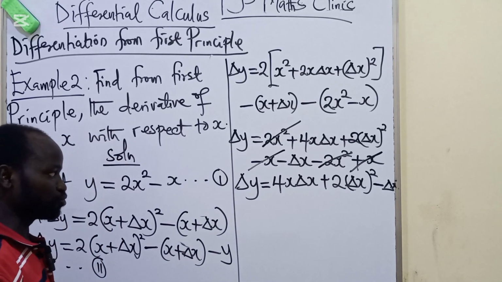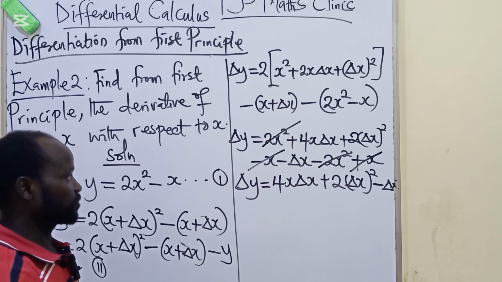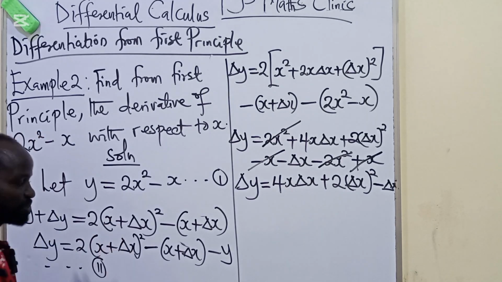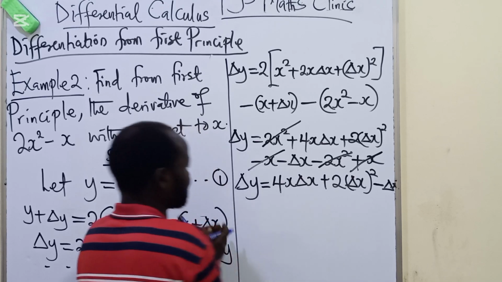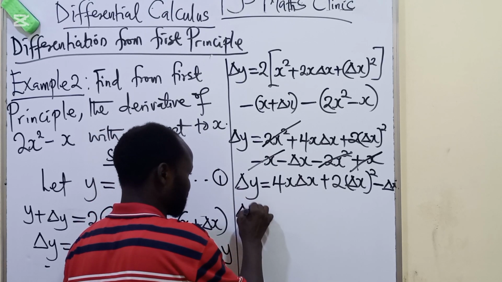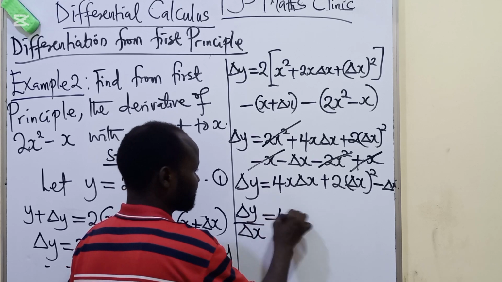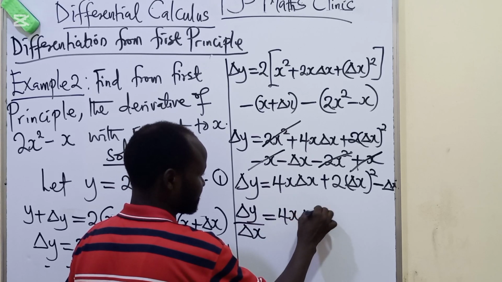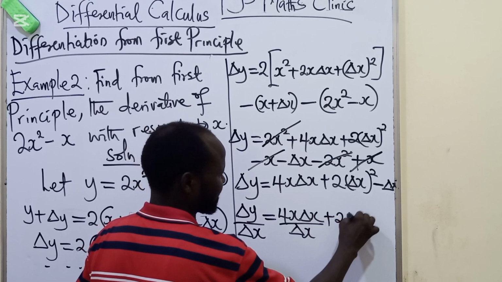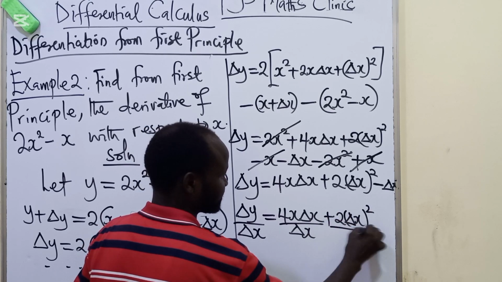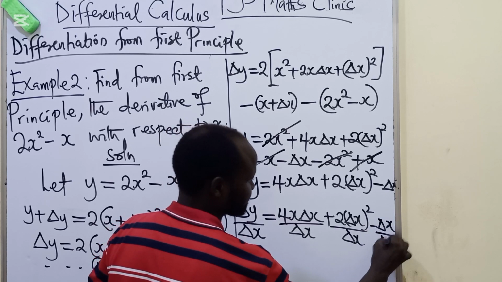The next thing for us to do, let's divide through by delta x, because we are trying to find change in y with respect to x. So let's divide each term here by delta x. So delta y divided by delta x will be equal to 4x delta x divided by delta x plus 2 delta x all squared divided by delta x minus delta x divided by delta x.